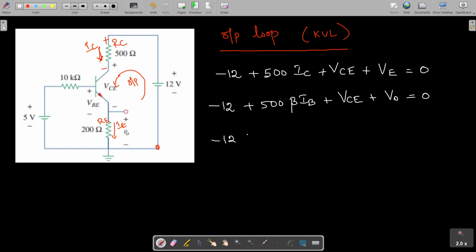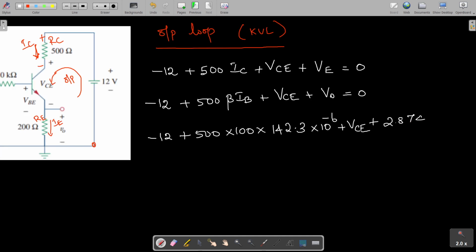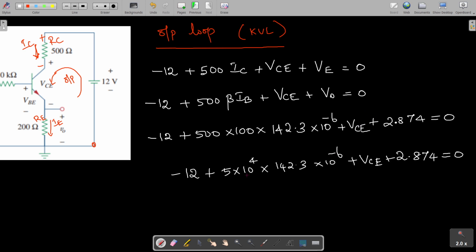So it is minus 12 plus 500 into beta, which is 100, into what is our IB? 142.3 microamps. So it is 10 power minus 6, plus VCE, plus what is your V naught? It is 2.874. That is your V naught, right? That is equal to 0. So the unknown value VCE can be determined now, because all of the values are substituted.